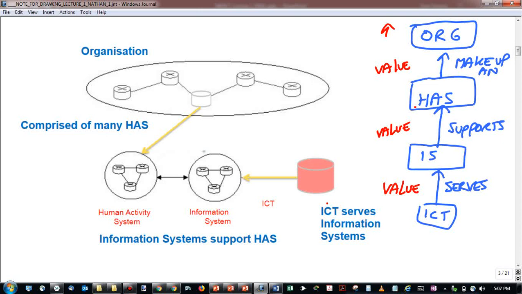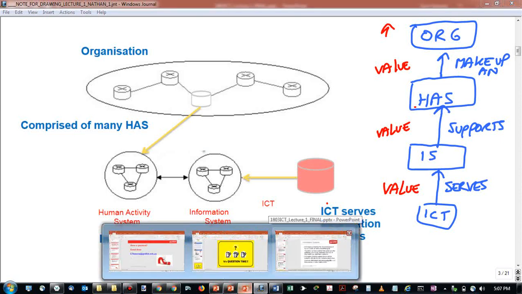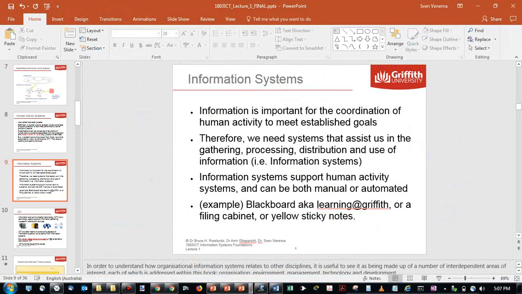So you can see it's a value chain. You start with a little bit and you basically make it more valuable as you go up the process. We will see quite a bit about that process as we go through.